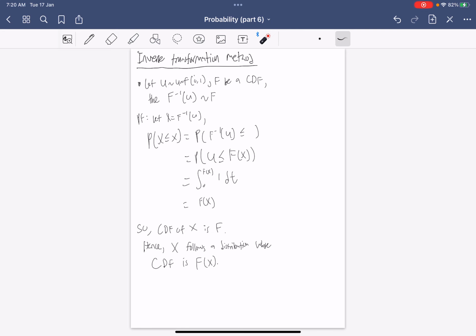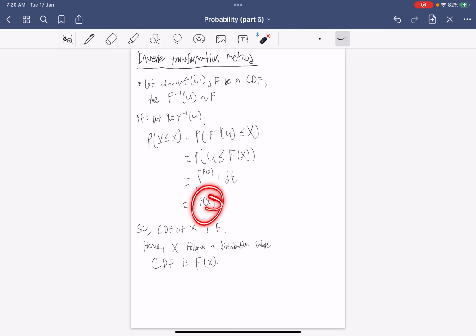And so we'll just prove it by showing that this F inverse of U follows the CDF. If you just let this be X, it follows naturally, because now F inverse of U less than or equal to x, you take the CDF on both sides, it won't change the sign because the CDF is monotonic. And so U is less than or equal to F(x). This just means integrating from 0 to capital F(x) of 1 dt, because this uniform has a PDF of 1.